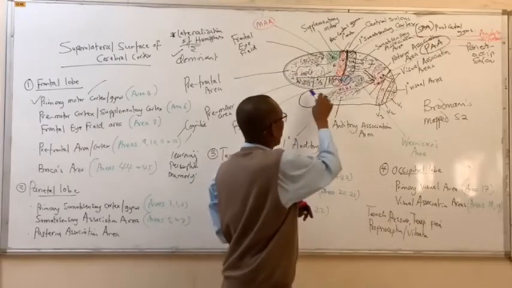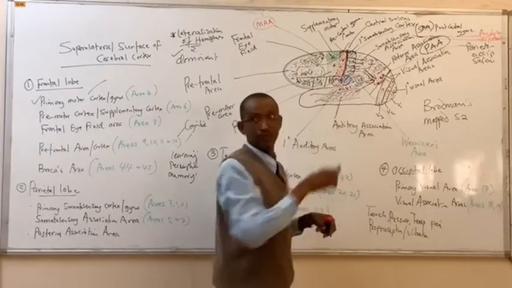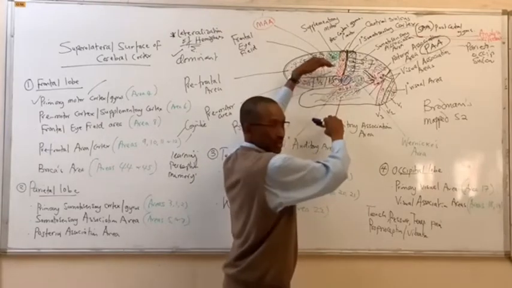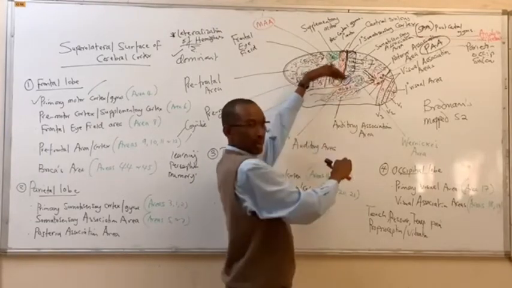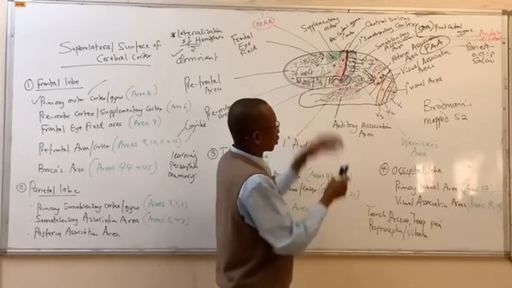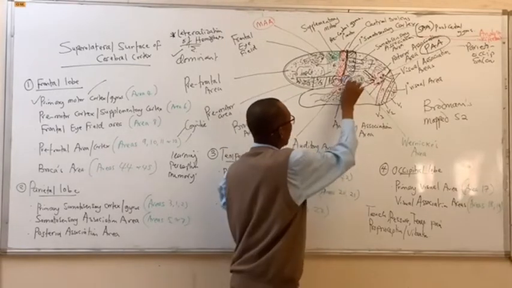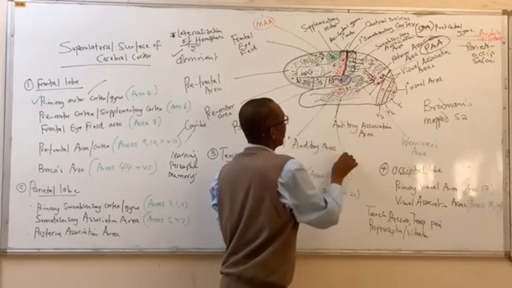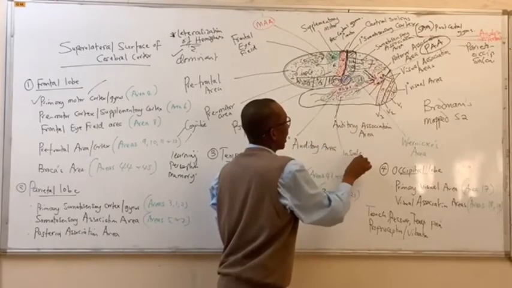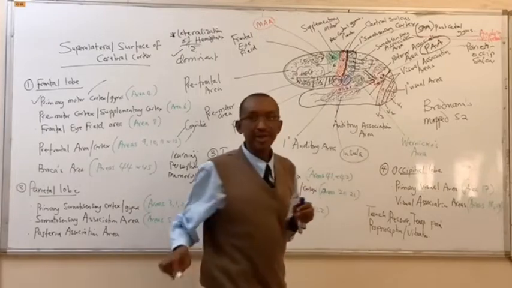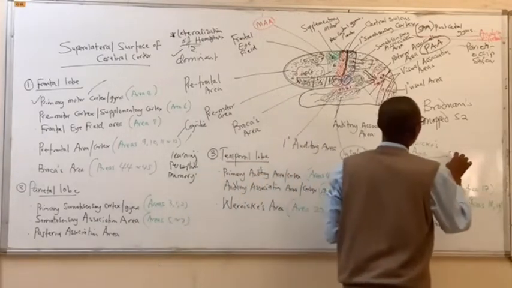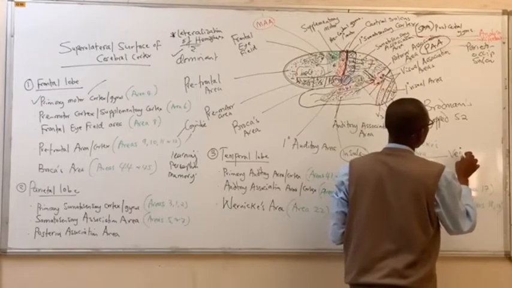If you remember, we talked about the lateral fissure or lateral sulcus. When you part the frontal lobe from the temporal lobe, in between the two there is an area we call the insula. So this area is called what? Insula. This insula is the area responsible for, number one, our visceral sensation.